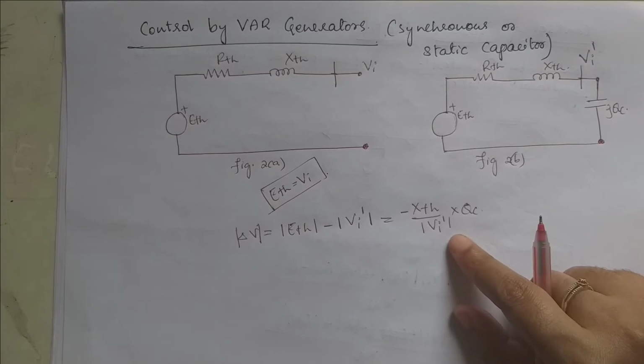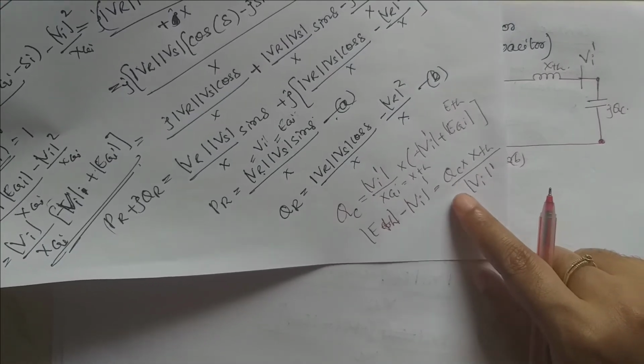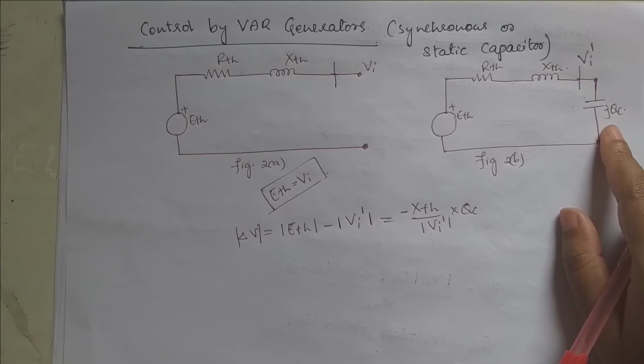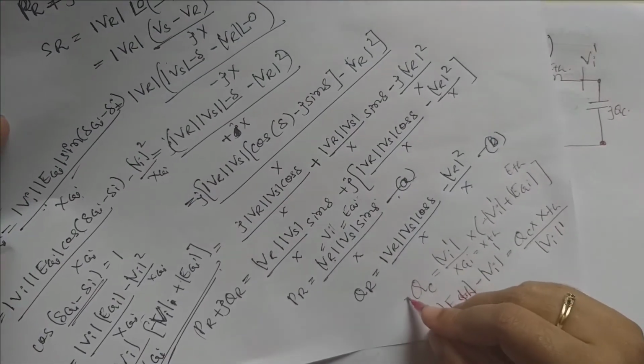This is how we get the equation. It is minus QC because we are going to inject. It is not plus QC, it is minus QC.